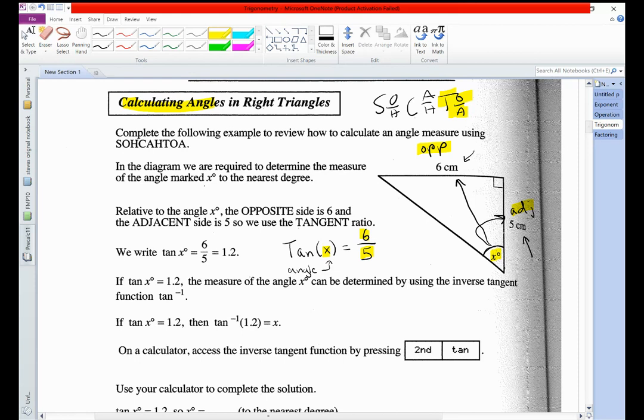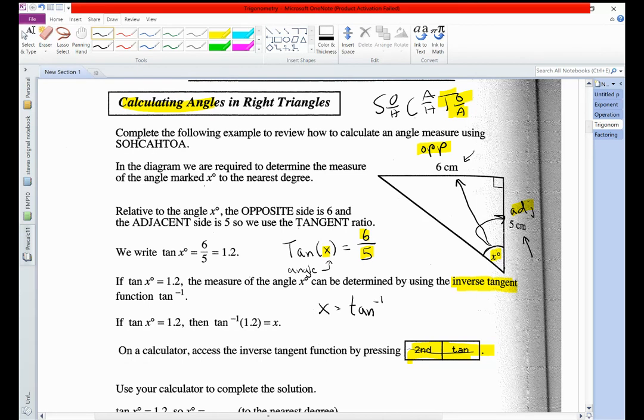When you're looking for an angle, we always use the inverse functions. So you want to use second function tan on your calculator. So we're trying to find x. You click second function in your calculator and you're going to get tan to the -1.